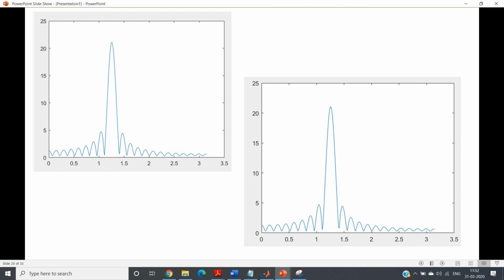That means we were not utilizing the complete part of it. But now after zero padding, we are utilizing the complete part of it. We are taking successive samples with a very small gap, so that we can extract as much information as possible from what we have. From what we don't have, we are not getting any information. The information we already have, but we were not getting it due to the low sampling rate in the frequency domain.